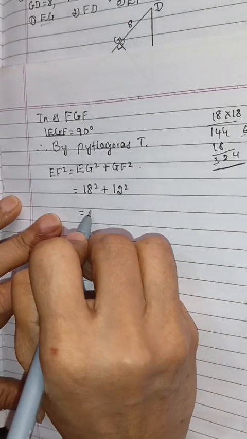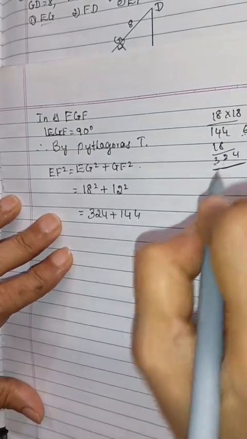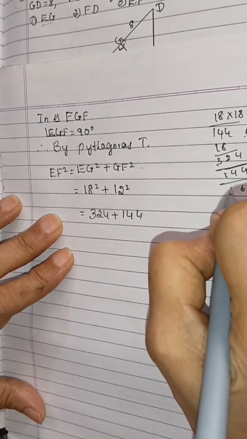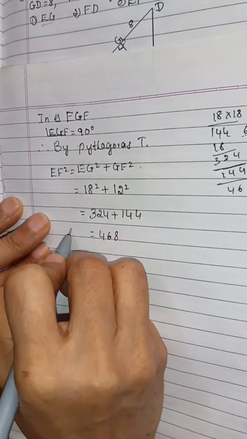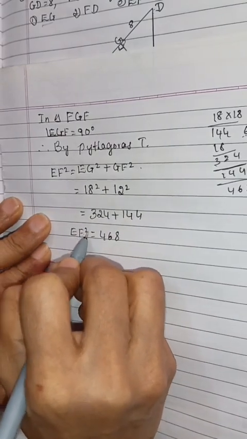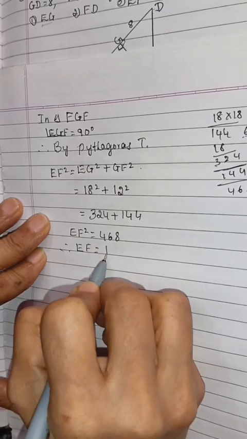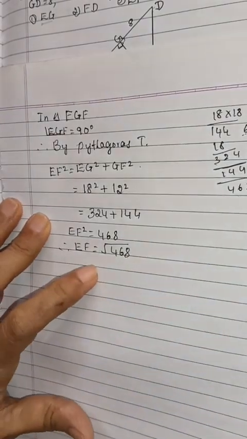So 324 plus 144 is 468. That's EF square. Therefore EF is square root of 468.